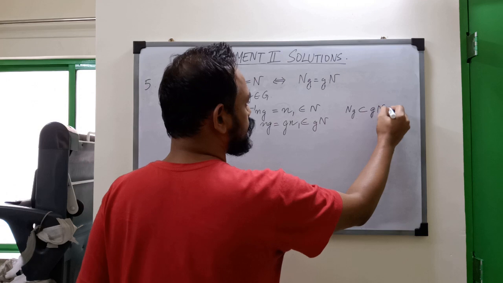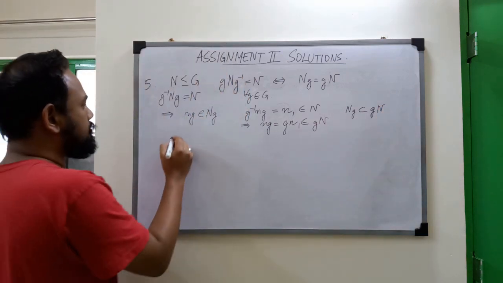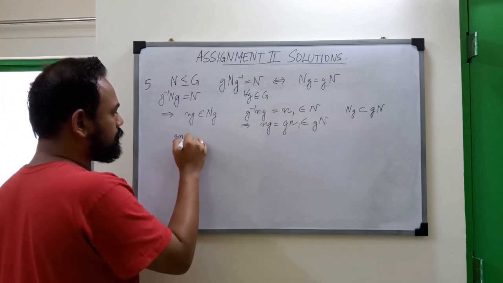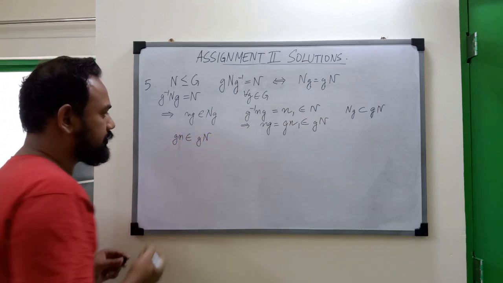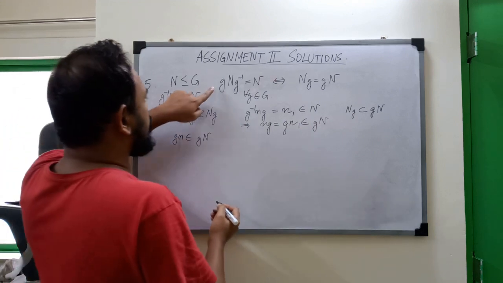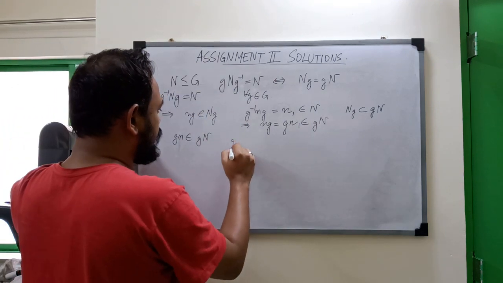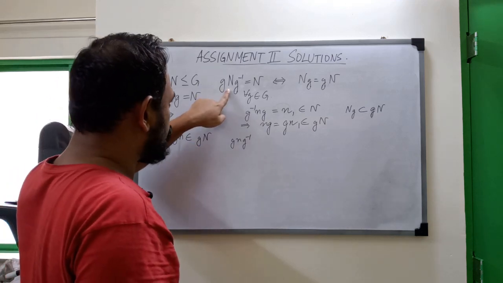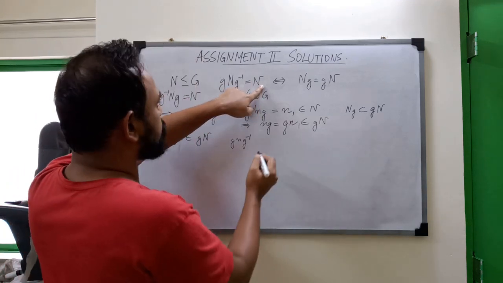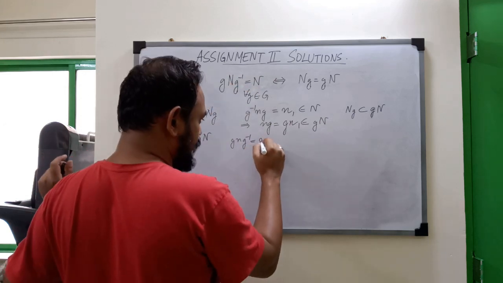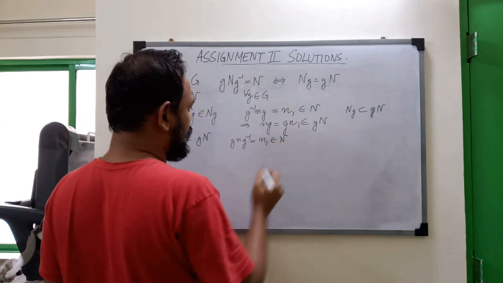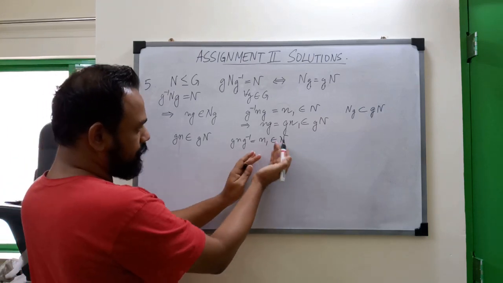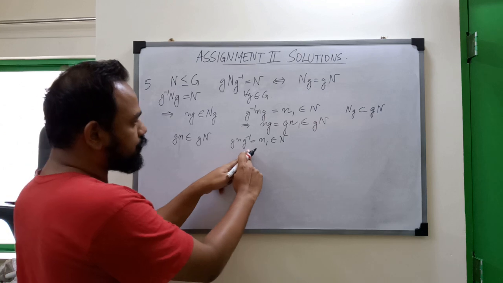Similarly, you can show the other way. If you start with an element gn from the left coset, then we can stick to gng inverse. Then gng inverse being an element of this conjugate, which is equal to N, must be an element of N. So you can write this as n1 from N. Now again you can multiply on the right of both sides by g.